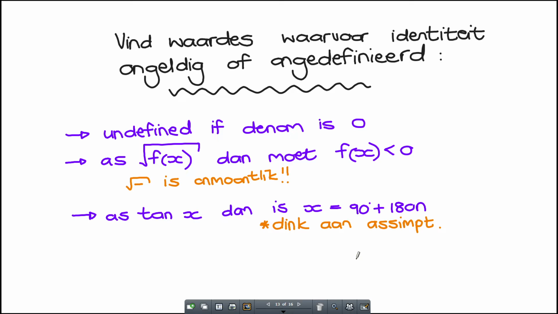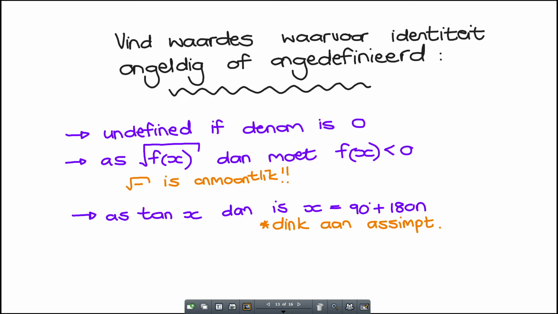The second arrow says, as vierkantswortel van f(x) vir jou gegee is, nee, dan moet f(x), in other words, what's written inside that square root, must be less than 0. Hoekom?